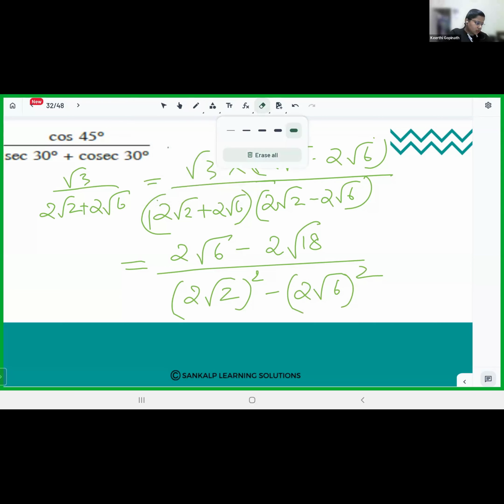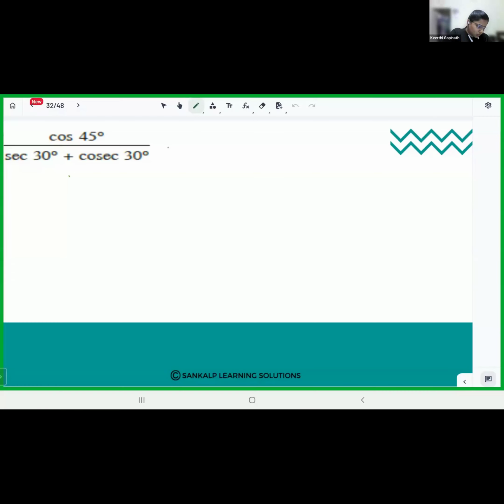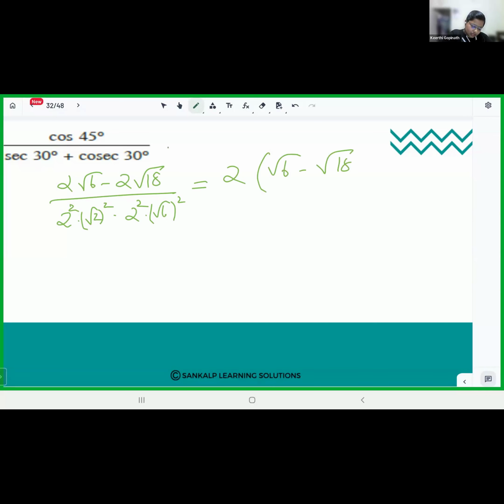That is, it was 2 root 6 minus 2 root 18 divided by 2 root 2 the whole square. 2 root 2 the whole square will become 2 square into root 2 square, right? Minus 2 square into root 6 square. So here this can be written as 2 into root 6 minus root 18 divided by, this will become 4 into 2 minus 4 into 6.